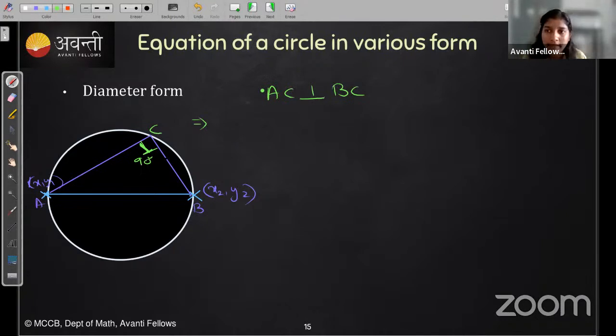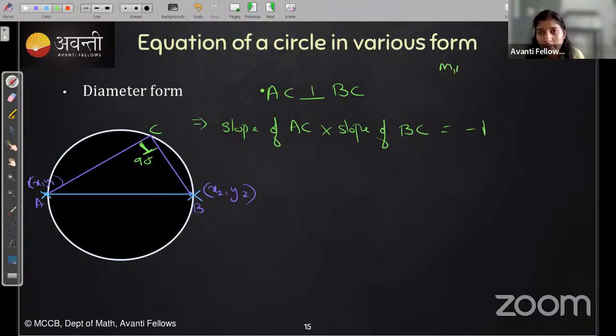If two lines are perpendicular, what is the condition on the slope? Quickly tell me. So slope of AC into slope of BC will be equal to minus 1. This is the condition. When two lines are perpendicular, the product of the slopes is equal to minus 1. We have learned this: m1 into m2 is equal to minus 1.